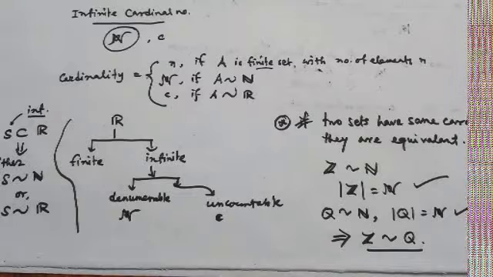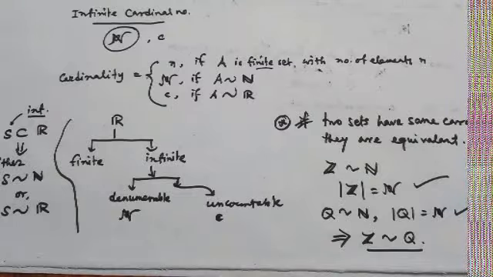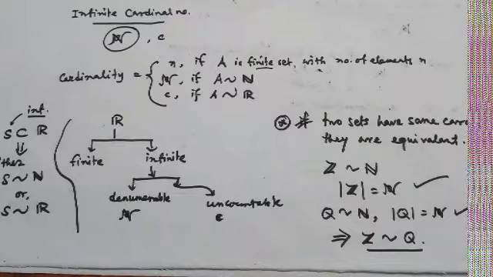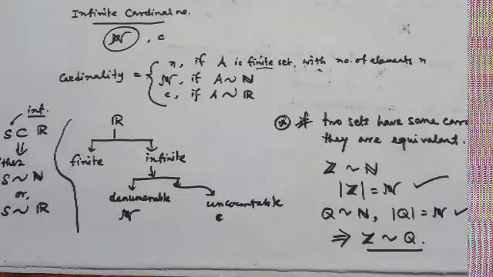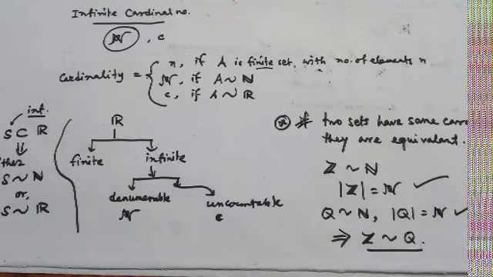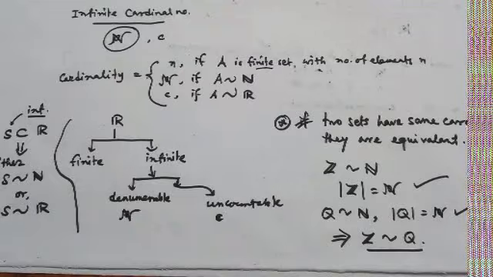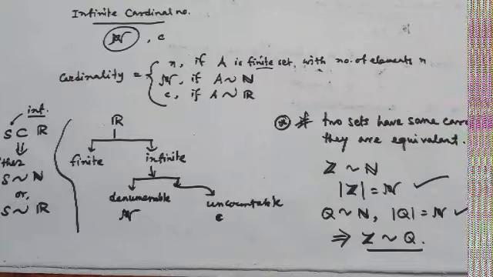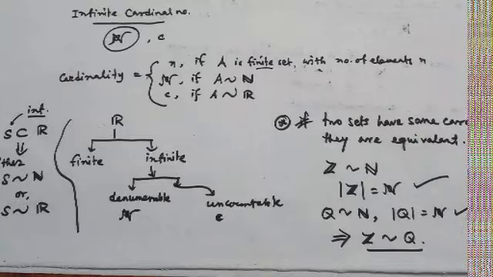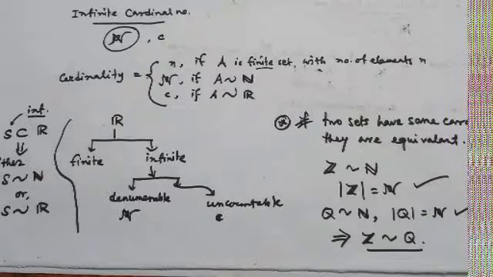All right, now we are moving on to Cantor's hypothesis, and then we will deal with some questions. After that, in the subsequent video we will start the rest of the part, that is, the algebra related to this cardinality.